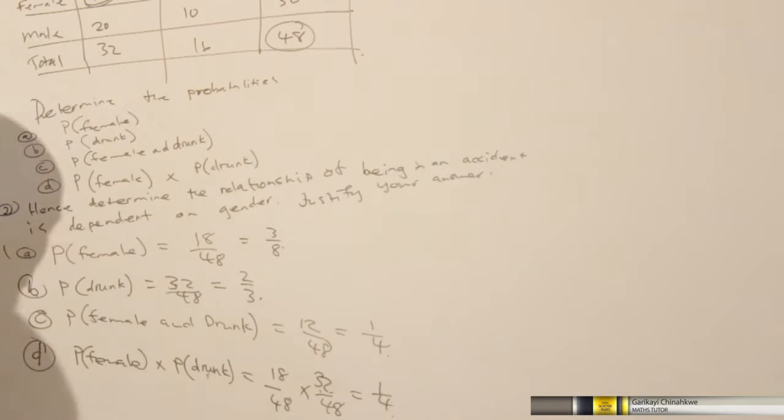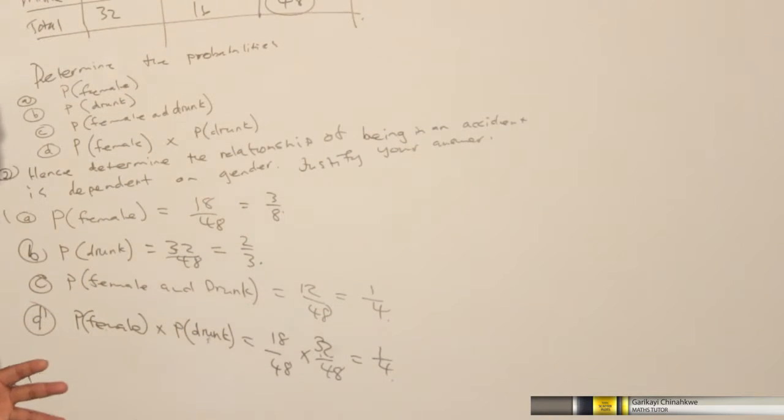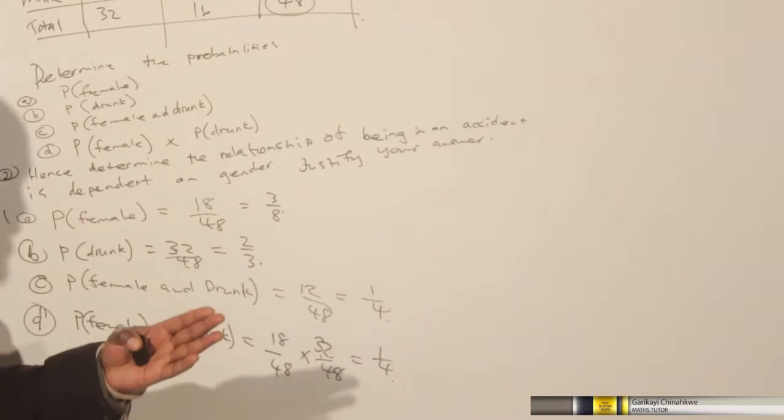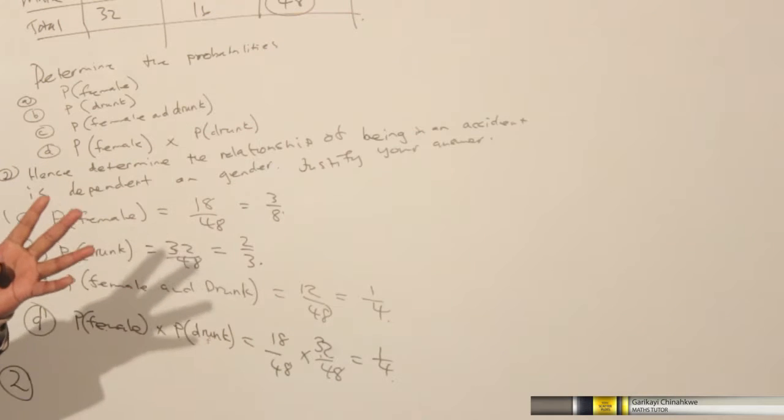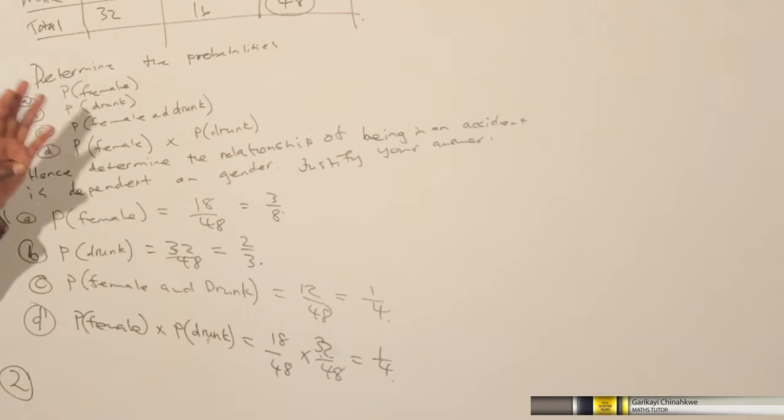Now the next question, part 2: determine whether being in an accident is dependent on gender. Justify your answer. I need to explain this. It's very easy. Whenever they ask you to determine whether it's dependent or independent, there are two things you must do on your contingency table.